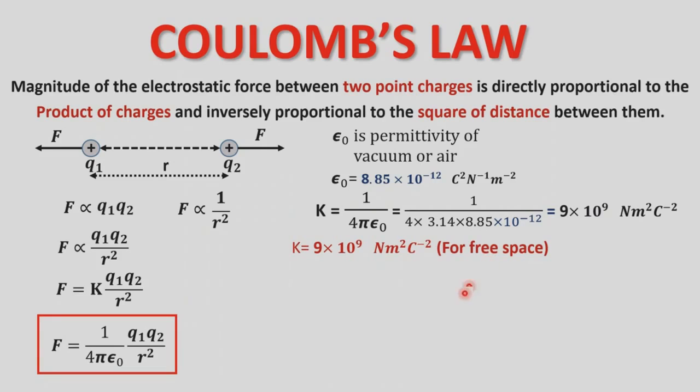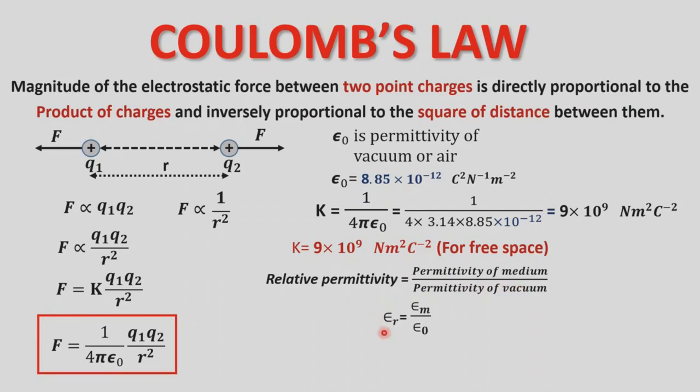Already you know relative permittivity is equal to the permittivity of the medium divided by the permittivity of the vacuum. It means epsilon r is equal to epsilon m divided by epsilon naught. Then to find epsilon m only: epsilon m is equal to epsilon naught times epsilon r.